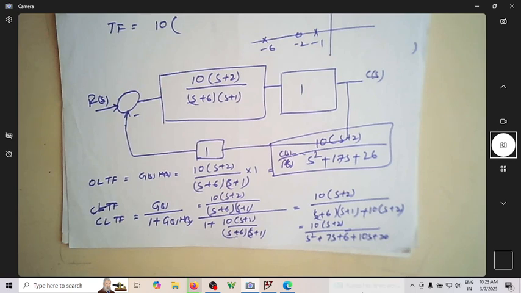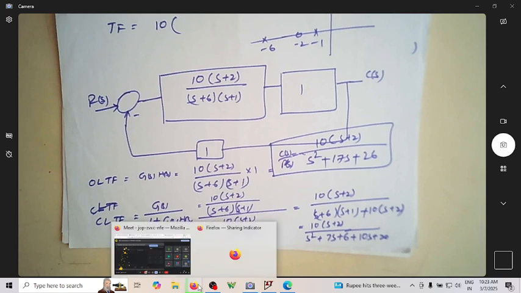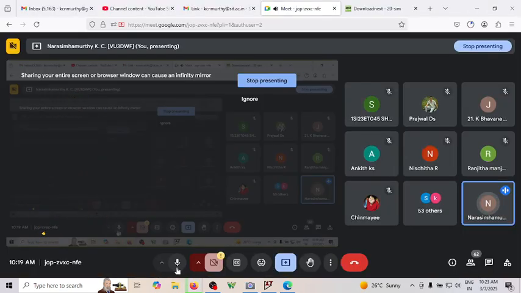Let me know whether this is the closed loop transfer function. Just give me a thumbs up there.